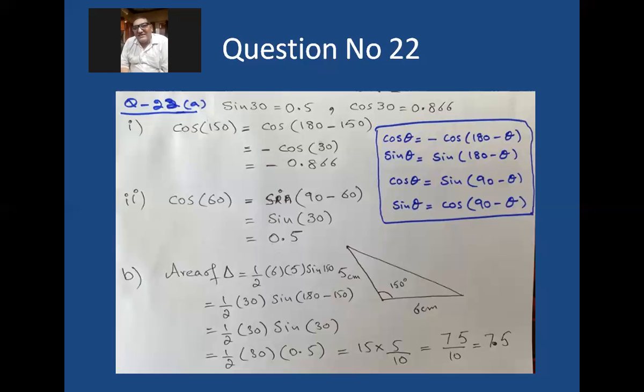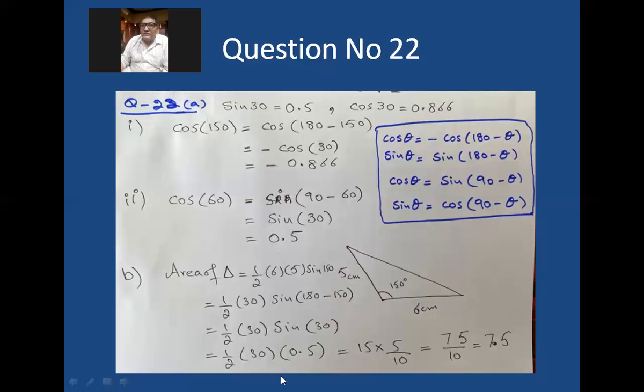So cos of an angle is equals to sine of the complement of that angle. So cos 60 will be equals to, 60's complement is 30, so sine of 30. Sine of 30 value, I know that 0.5. So never forget these formulas. Try to understand this, okay?